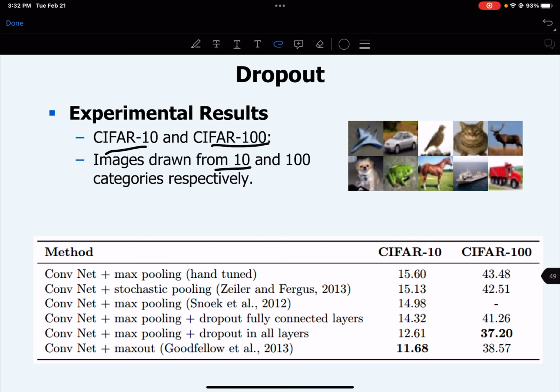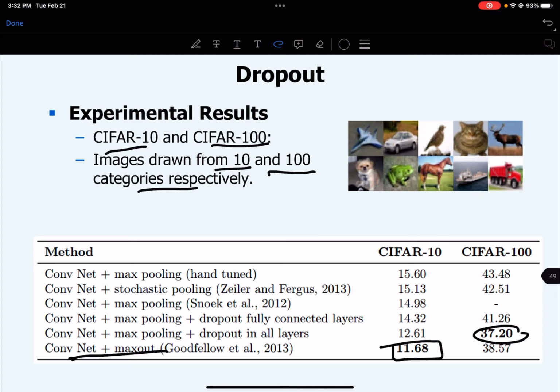Images drawn from 10 and 100 categories, and we can see the best performance with convolutional neural network. With maxout, we have this lowest value, and for max pooling with Dropout using 100 categories, we have a performance of 37.2.